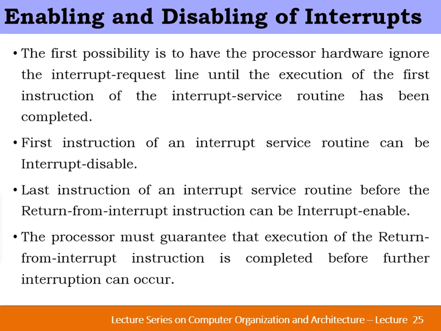If the first instruction is an interrupt disable instruction and it is executed, the active interrupt request signal is going to get deactivated. If that signal is deactivated, there will be no successive interruption. It is not going to cause any successive interruption.